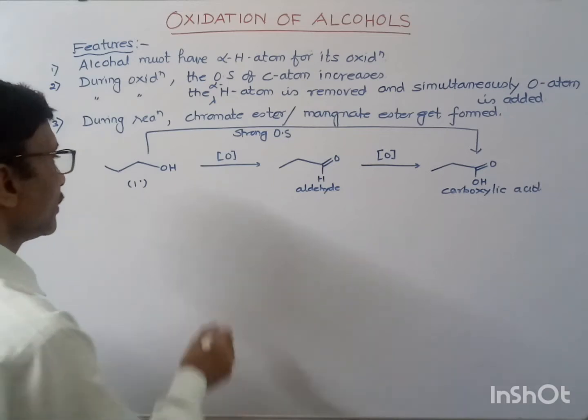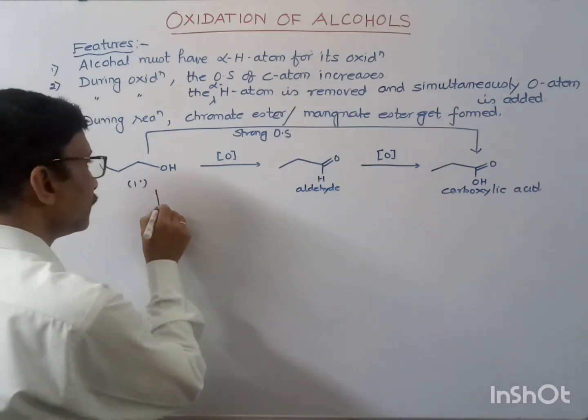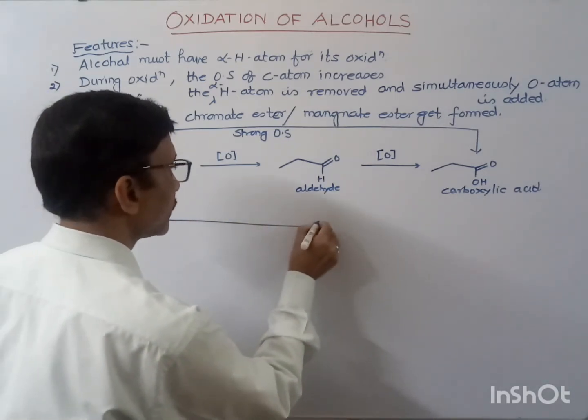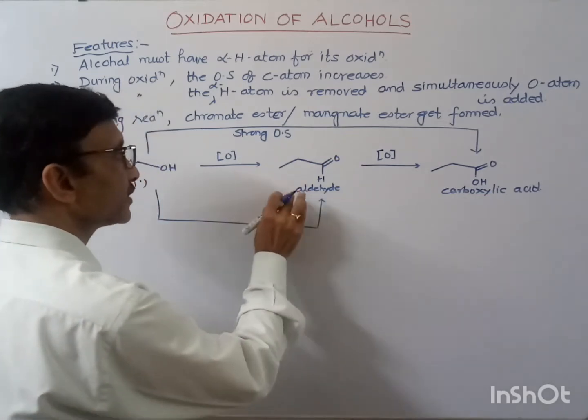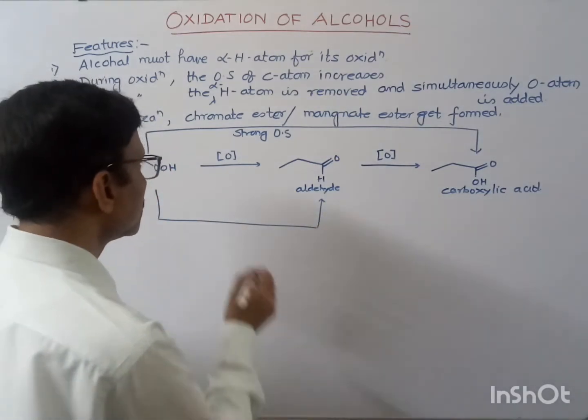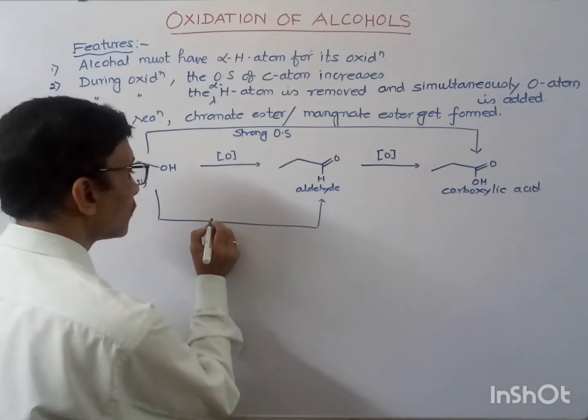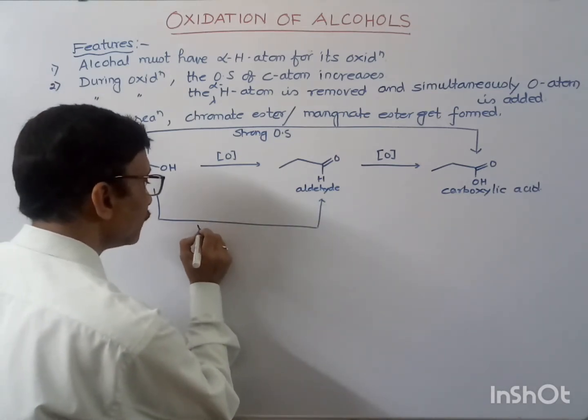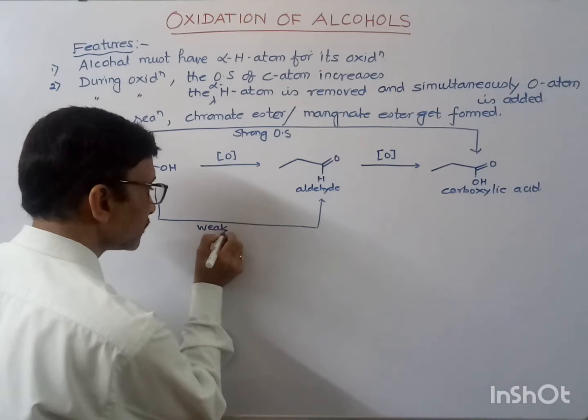Now suppose you are using a weak oxidizing agent, then the reaction will stop at the formation of aldehyde. So the aldehyde gets formed when we use a weak oxidizing agent.